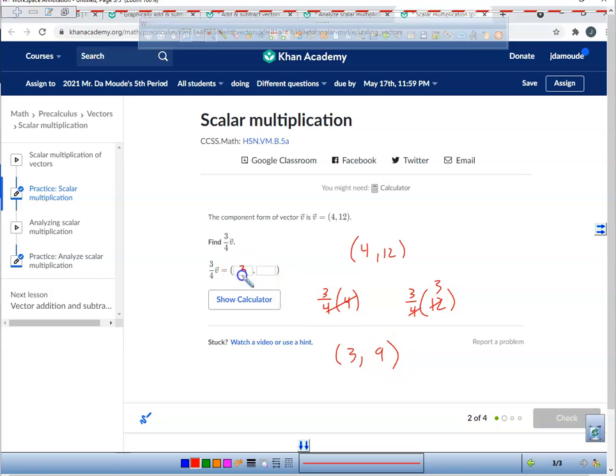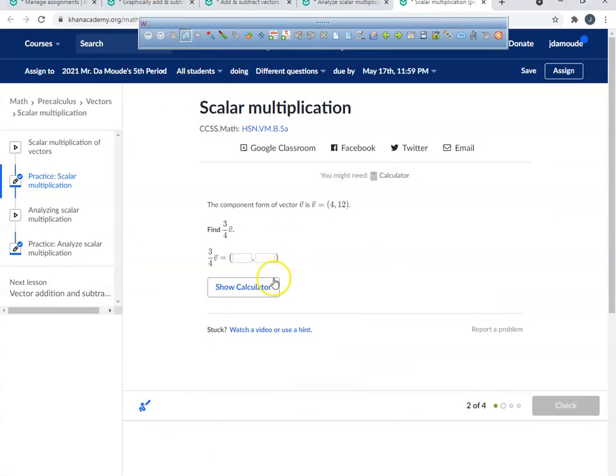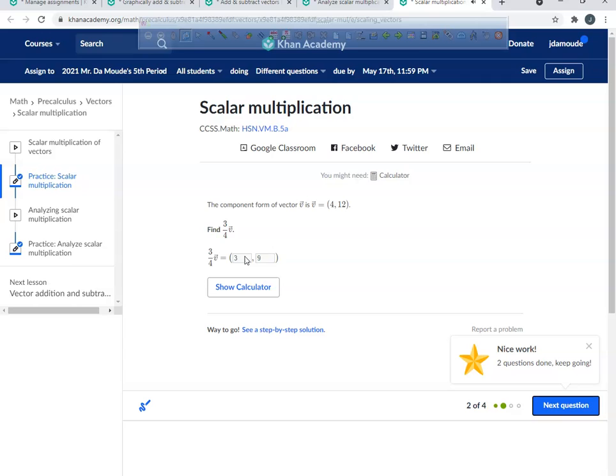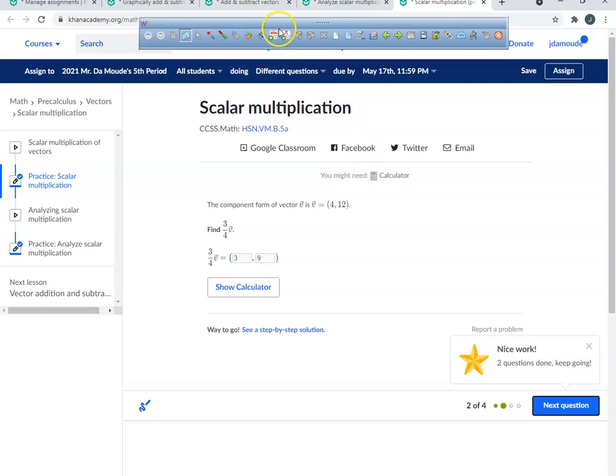So this component would be a 3 and a 9. It's very simple, easy math. It's not going to be super complicated. But what does 3/4 of a vector mean? It means you multiply both components by 3/4. So right here we're just going to put a 3 and a 9. Okay? So that's your scalar multiplication. Pretty easy.